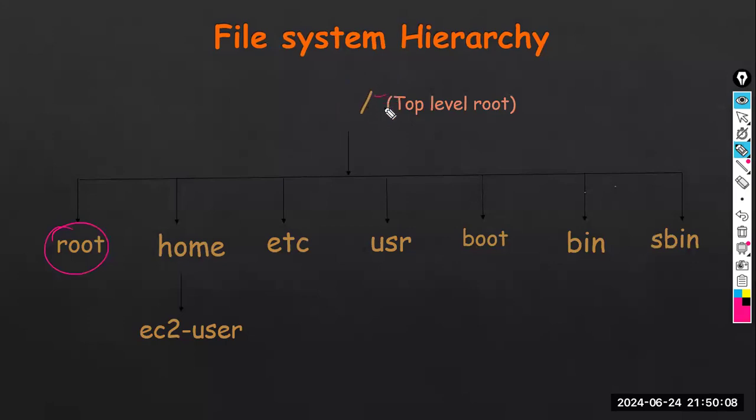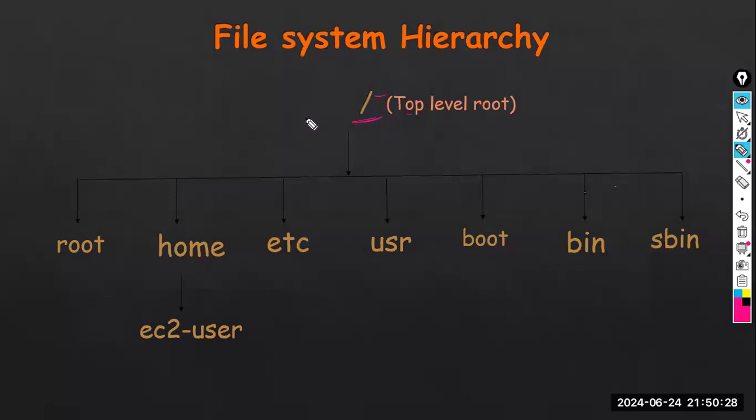Pronunciation wise, we call it root, and we call this one also root. But how will you differentiate? If I ask you to copy something in the root directory, you will be confused: which root, this root or this root? So to avoid confusion, we call this one the top level root.